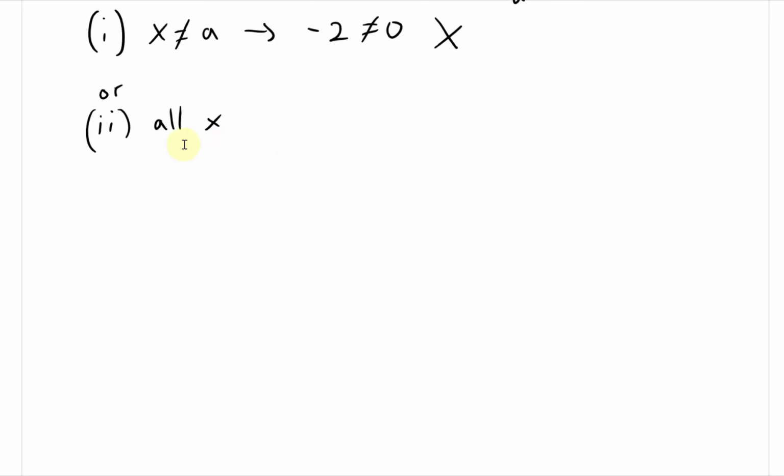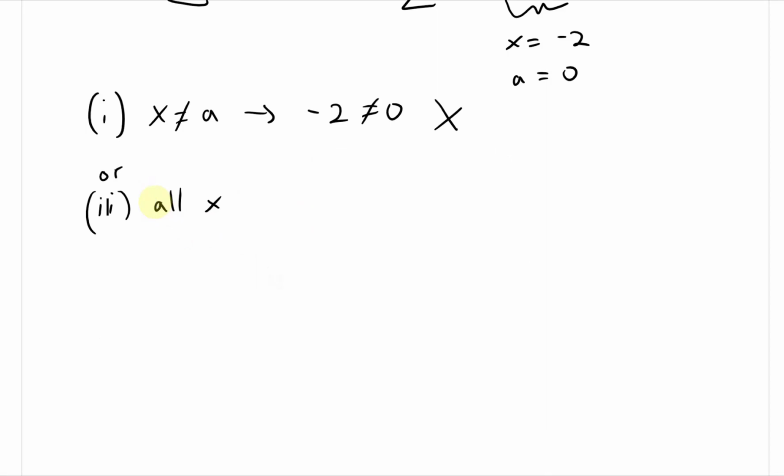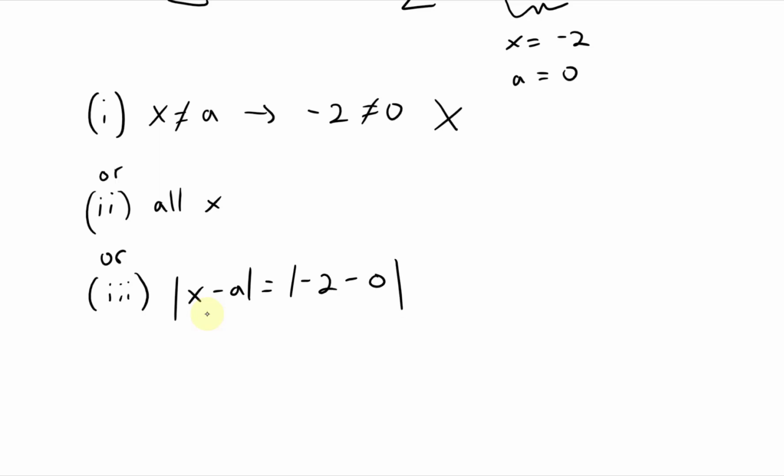If this converges for all x in our case, then the statement would also be true. Actually, all 3 could be true, or these 2 could be true as well. So you could have the absolute value of x minus a, which in our case is negative 2 minus 0, and the absolute value of negative 2 just equals 2.